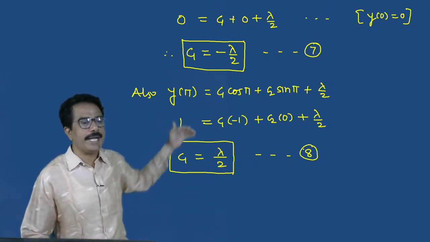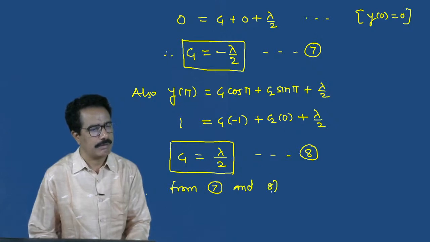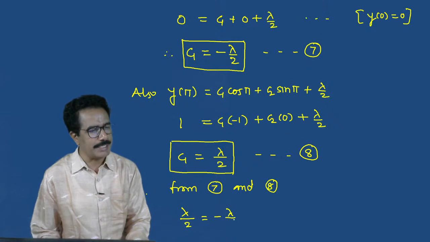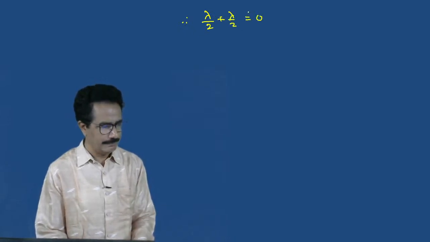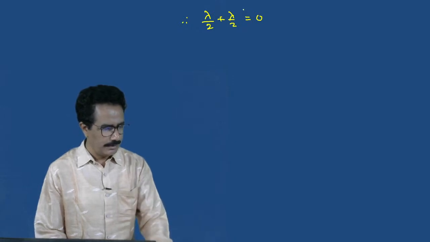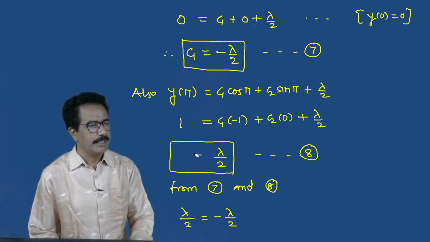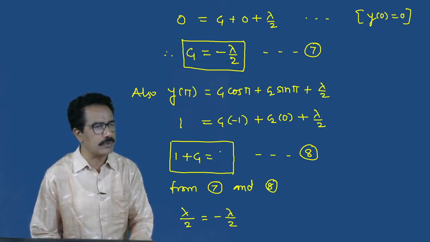Then from 7 and 8 we can write: minus lambda by 2 is equals to 1 minus c1... 1 minus c1, that is lambda by 2.